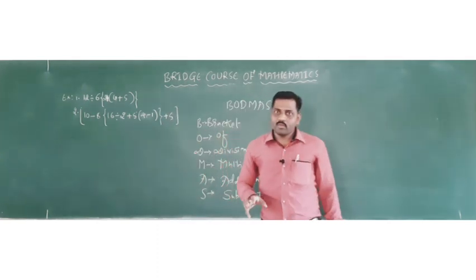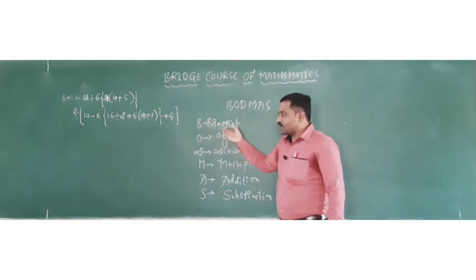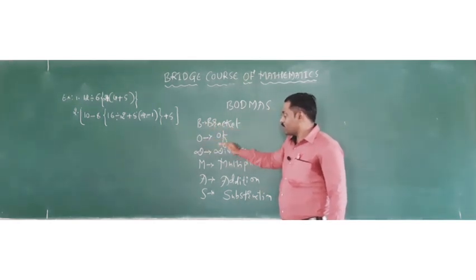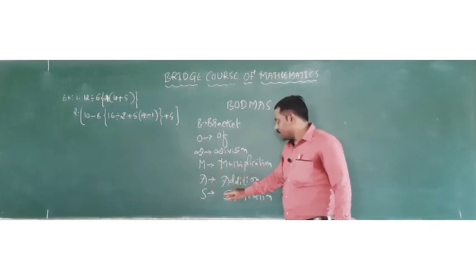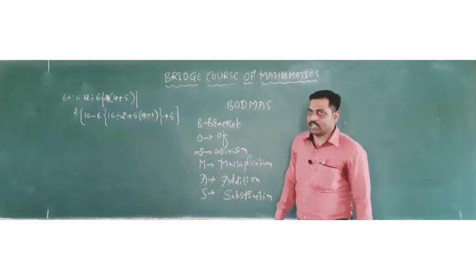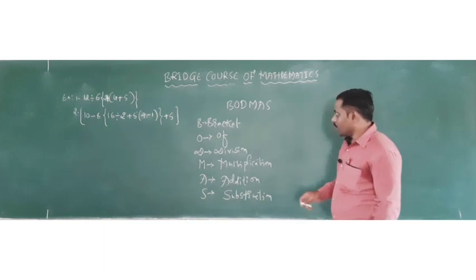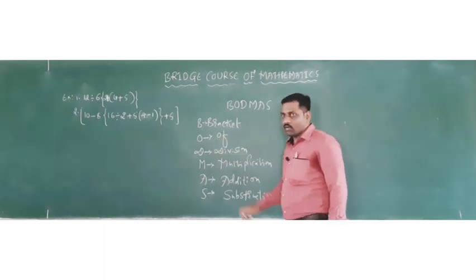Okay, what is meant by BODMAS? B stands for bracket, O stands for of, D stands for division, M stands for multiplication, A stands for addition, S stands for subtraction.